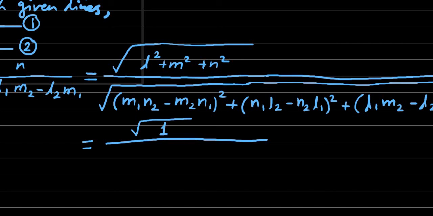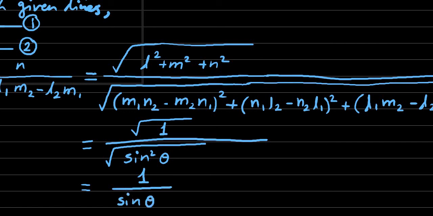If you remember the formula for sine theta when the direction cosines of two lines are known, this square root in the denominator is the square root of sine square theta, as seen and revised in the beginning of this class. So 1 divided by the square root of sine square theta is 1 upon sine theta.